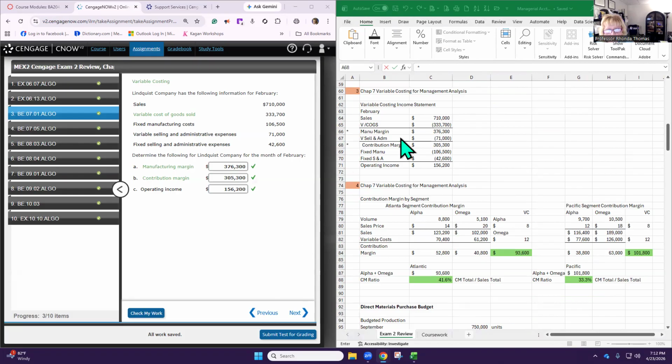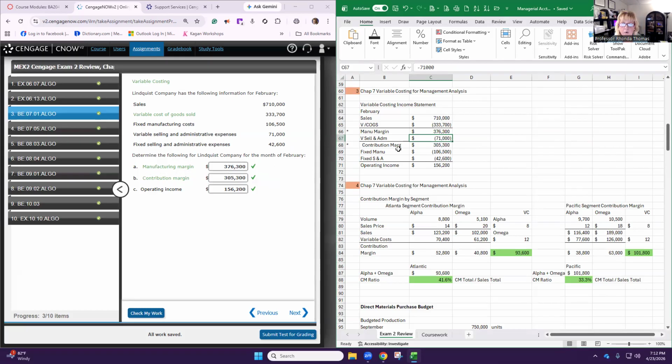Okay, so let's put this in. They gave us $710,000 in sales. We're going to subtract the variable cost, and we get our first subtotal of 376,300. That'll be your manufacturing margin. And then we're going to subtract the variable selling and admin, 71,000 is mine.